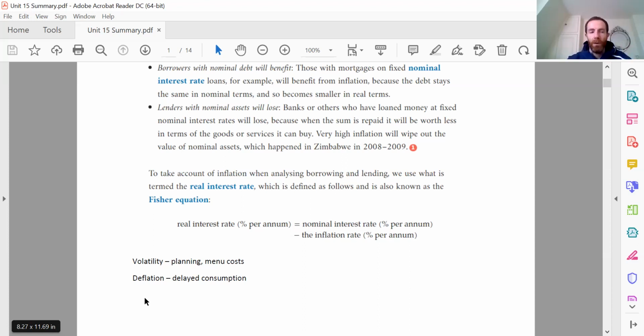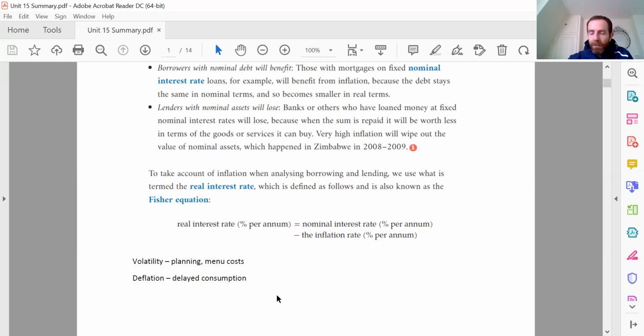For a household, that could be a car or some big item of furniture. If you see prices falling, you might think, well, maybe I'm better off waiting. I'm better off holding on. Let me wait a little bit longer to see the prices carry on falling, because I want to try and buy this item when it's at its cheapest. And this can, as I've written here, delay consumption.